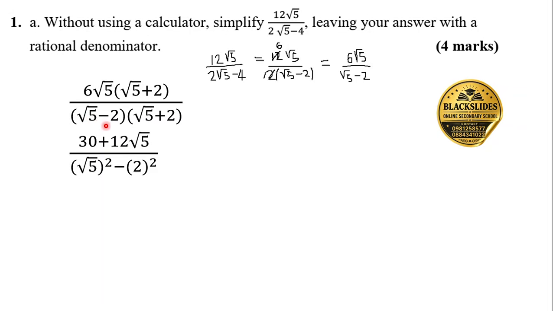The denominator here, multiplying root 5 plus 2 by root 5 minus 2, is going to give us this, just raised to the power 2. Remember, this is what we call the difference of two squares. So root 5 is root 5 squared, and minus 2 times plus 2 is 2 squared.